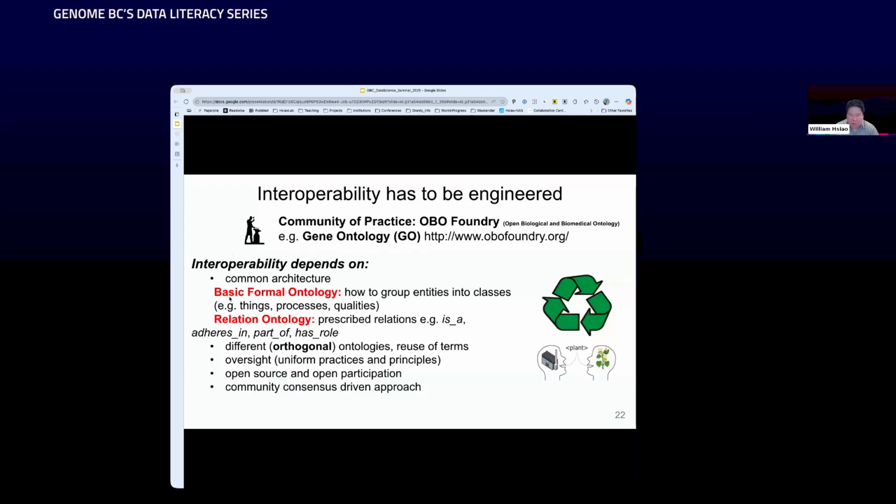This is through the use of Basic Formal Ontology and more recently some other upper level ontologies that are used to provide the foundational structure of how knowledge should be represented. And then within this group of ontologies, there's also the Relation Ontology that describes the common types of relationship between entities or between things.